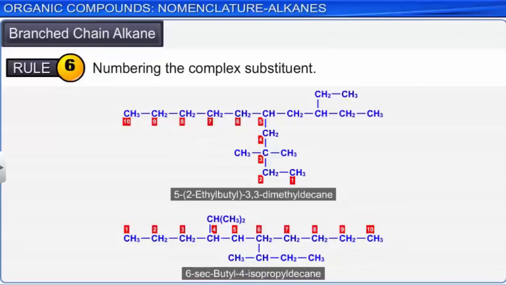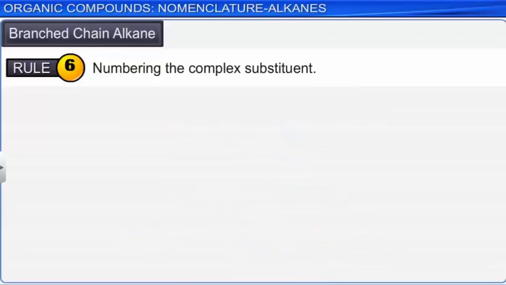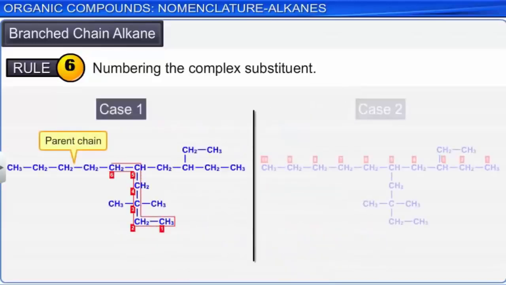Iso and neo are considered, but secondary and tertiary are not considered to be part of the fundamental name of alkyl groups while writing the names in alphabetical order. The parent chain, which contains more side chains, is selected.